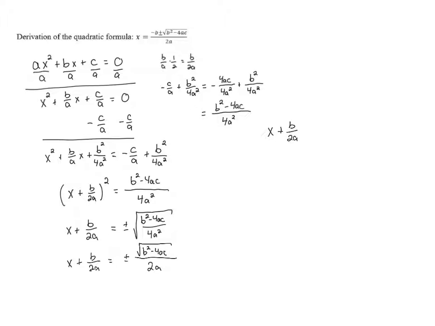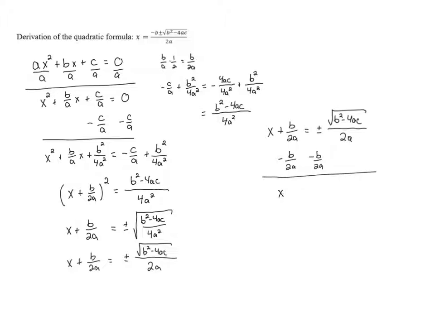X plus b over 2a equals plus or minus the square root of b squared minus 4ac over 2a. And the last step in getting x alone is to get rid of this term b over 2a by subtracting it on both sides.